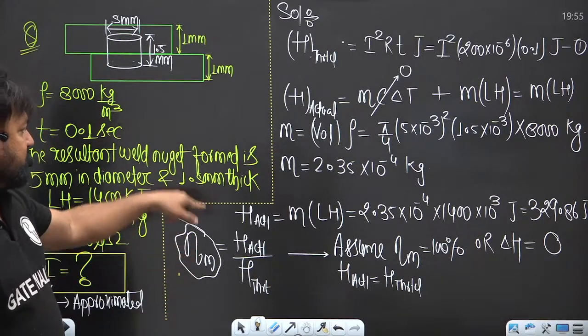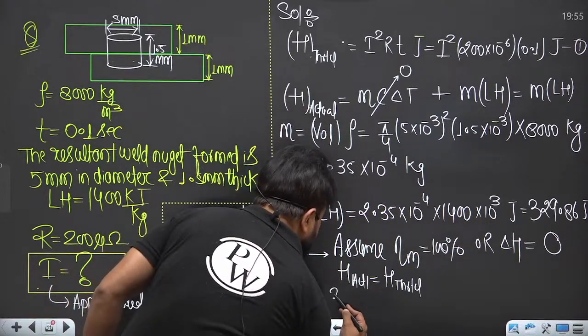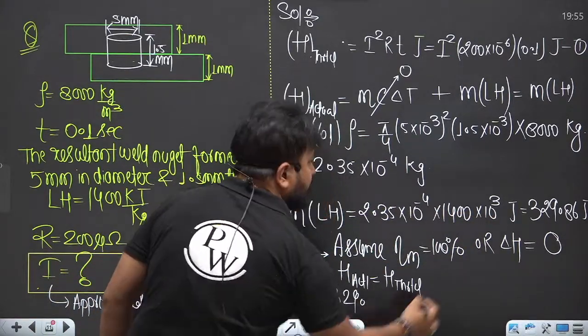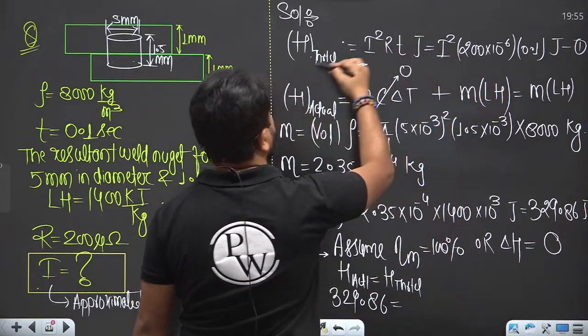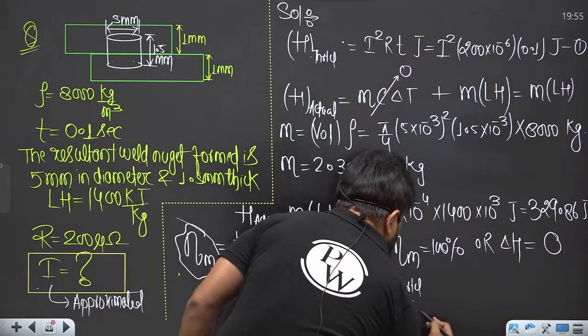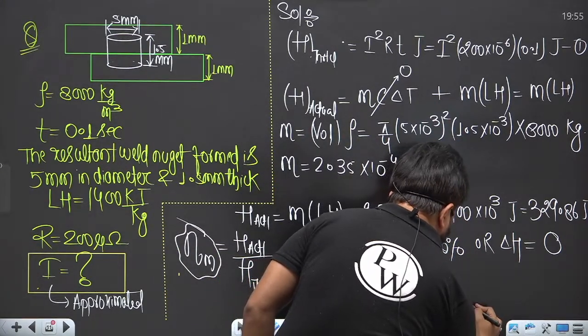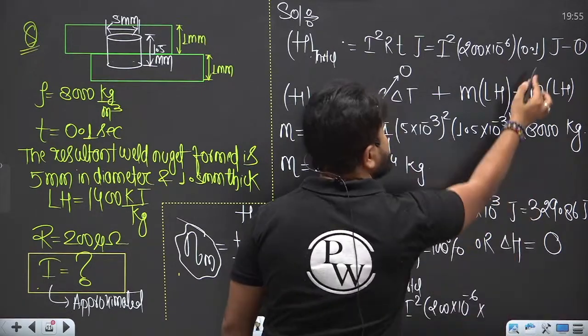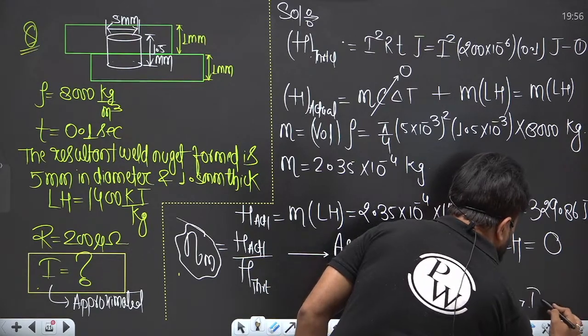Now H actual is 329.86. H theoretical is I square times 200 times 10 to the power minus 6 times 0.1. So you will get the value of current.